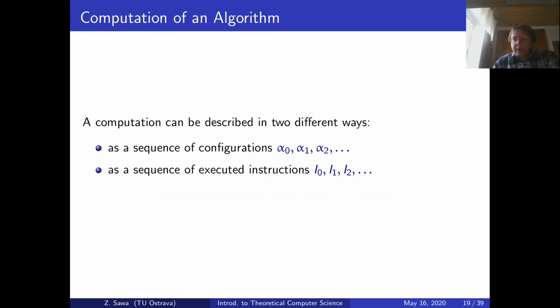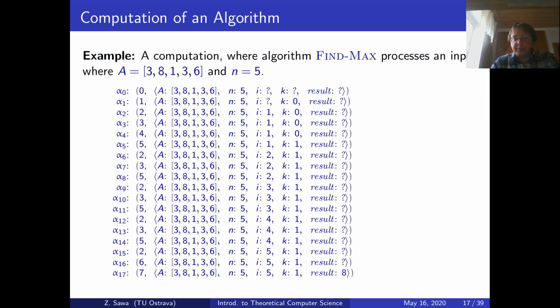So basically the computations of a machine can be viewed in two different ways. On one hand, they can be viewed as a sequence of configurations, what we had here, or they can be viewed as a sequence of operations that were performed.